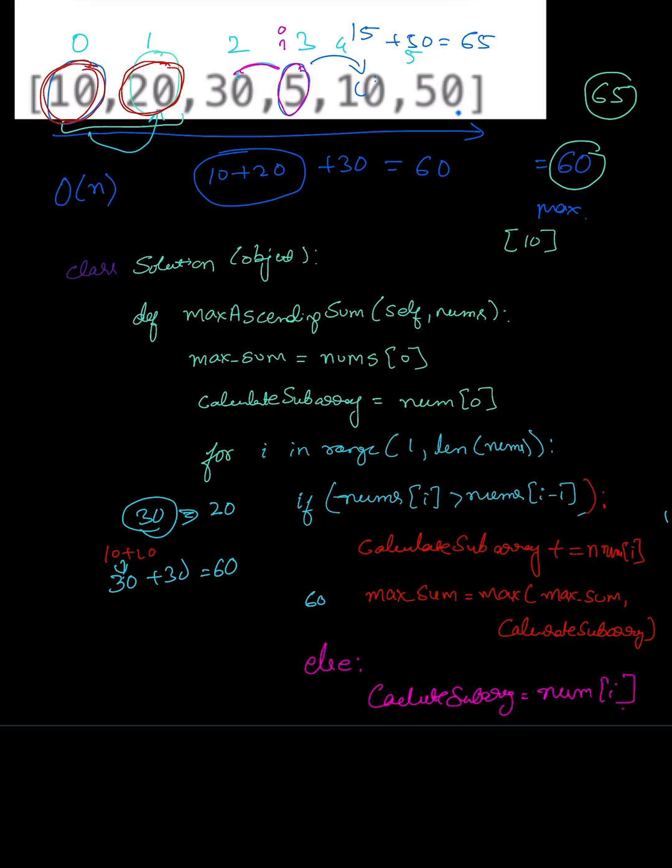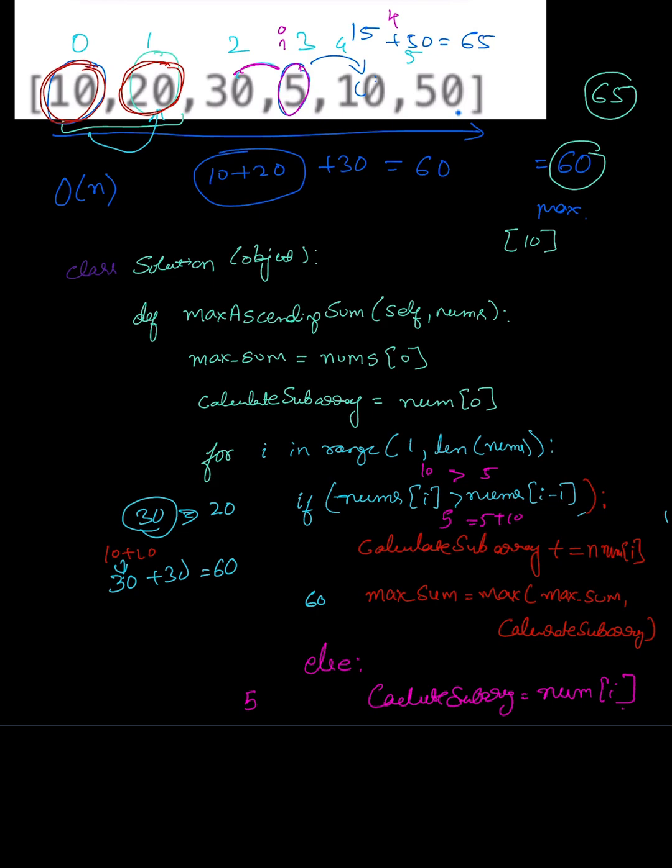And after we change this particular value, we don't have to change here. In the next iteration, calculate subarray will be having 5. When it goes to the fourth place, 10 is greater than 5. It's going to hold good. Calculate subarray is having 5, then 5 will be added with 10, so 15 will be stored in calculate subarray.